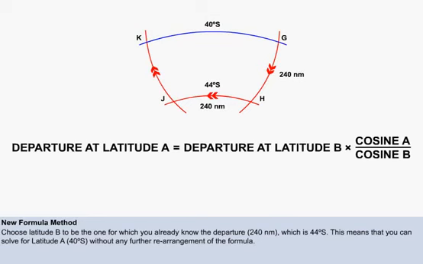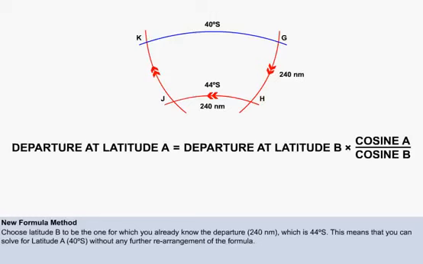Choose latitude B to be the one for which you already know the departure, 240 nautical miles in this case, which is 44 south.